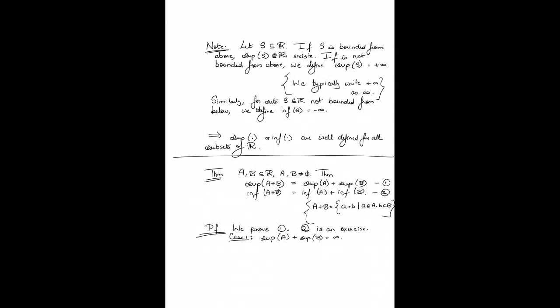The only way that sup A plus sup B is equal to infinity is if one of sup A or sup B is infinity, right? So this means that either or both of A and B are unbounded from above.